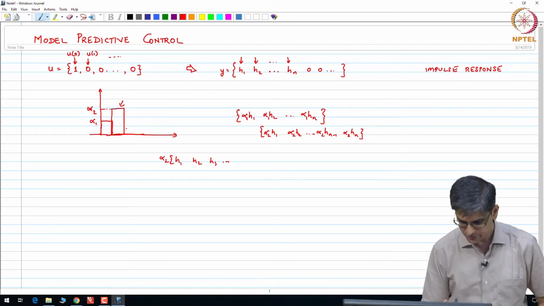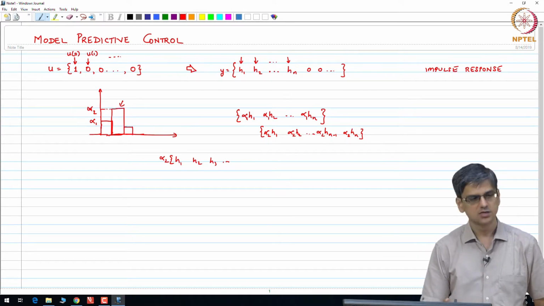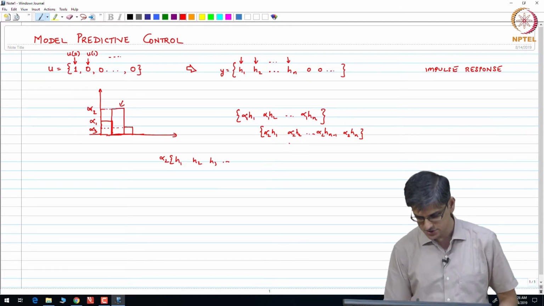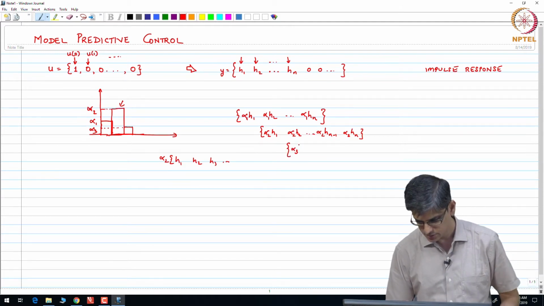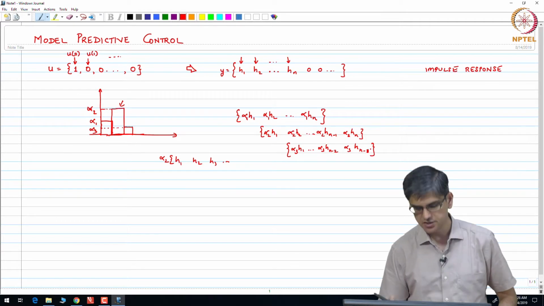Now, let us say we had the next impulse, and that was alpha 3. It is just going to be alpha 3 h 1, and so on, alpha 3 h n minus 2, alpha 3 h n minus 1.